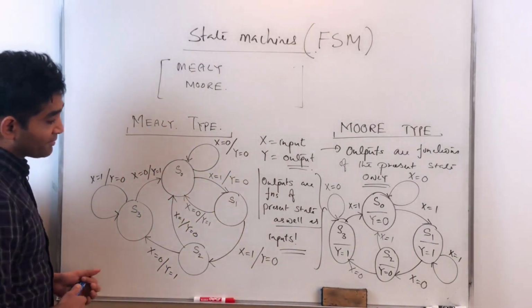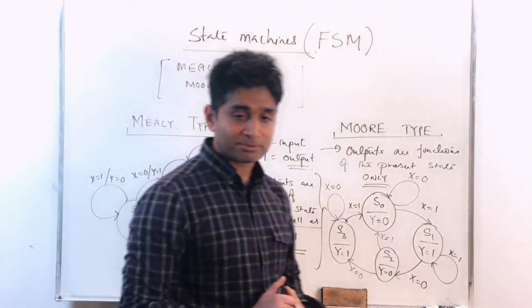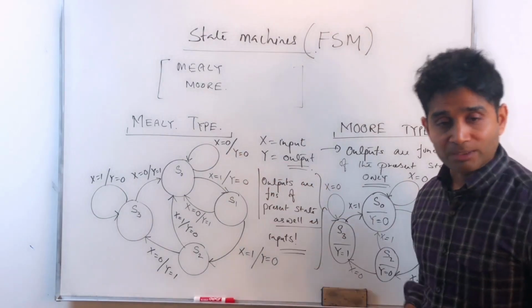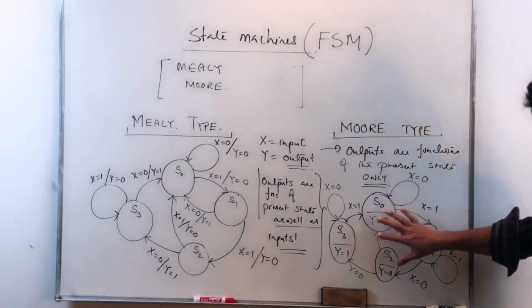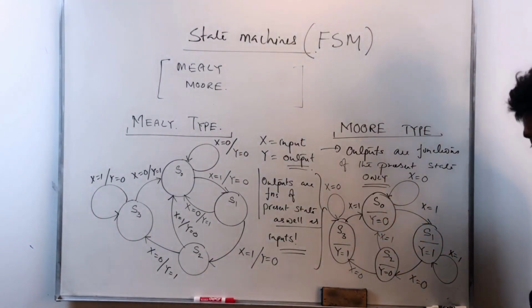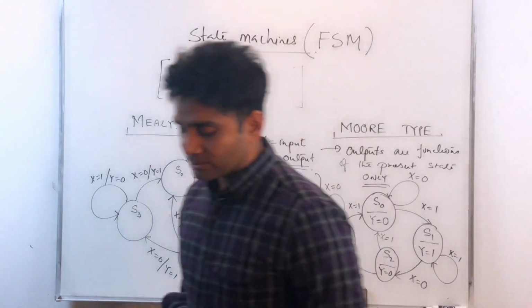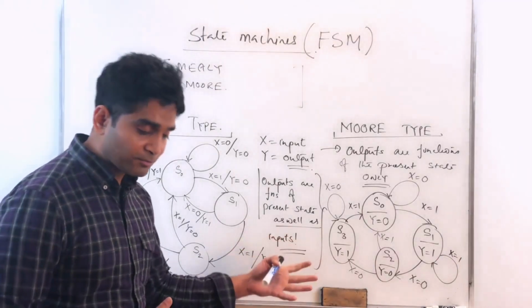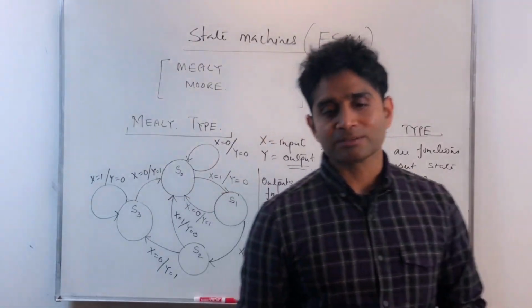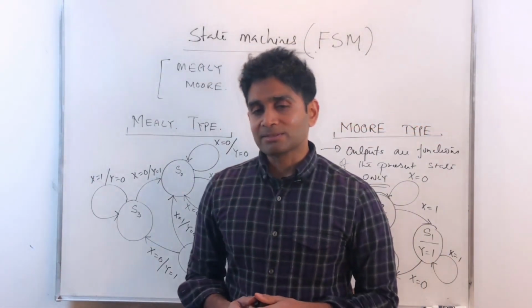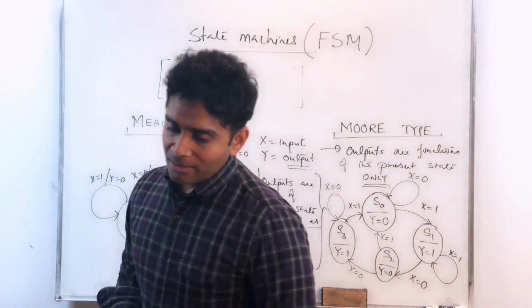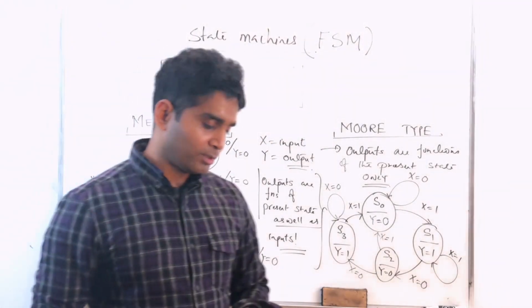So we can call these the asynchronous state machines. Mealy types are more of an asynchronous state machine, because my outputs are not synchronized with the clock. In this case, they're automatically synchronized with the clock. Oftentimes, because your outputs are functions of the state itself, Moore type state machines, as you will see, would consist of a few more number of states than you would for a Mealy type.